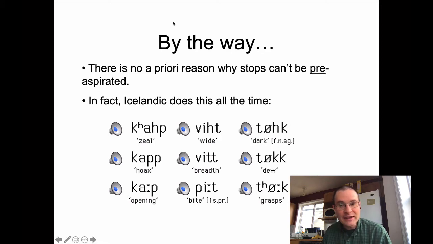So Icelandic has aspirated stops and pre-aspirated stops. This is what they sound like. Kapp. So you just kind of devoice the vowel there before you get to the stop. Vitt, dökk, and so on and so forth. And that doesn't sound the same as gapp, vitt, dökk, right?